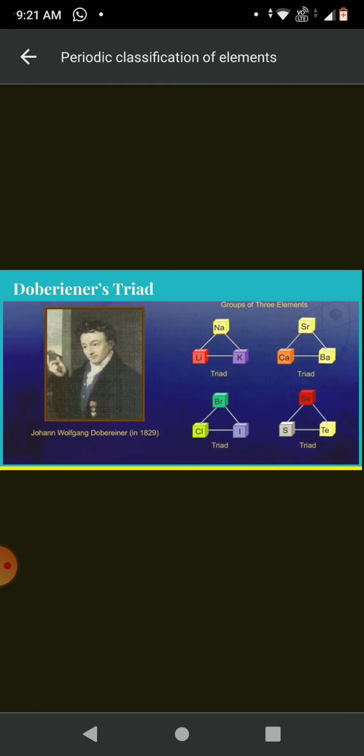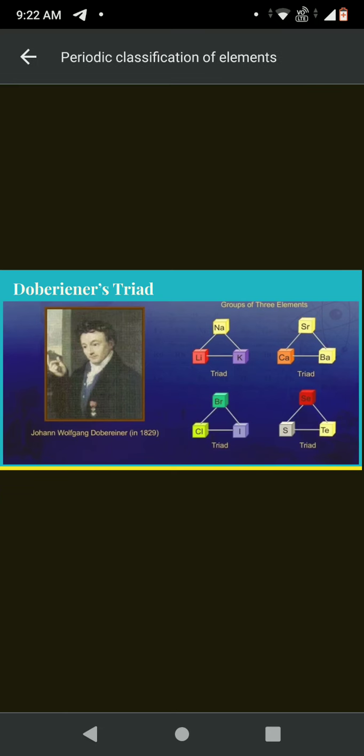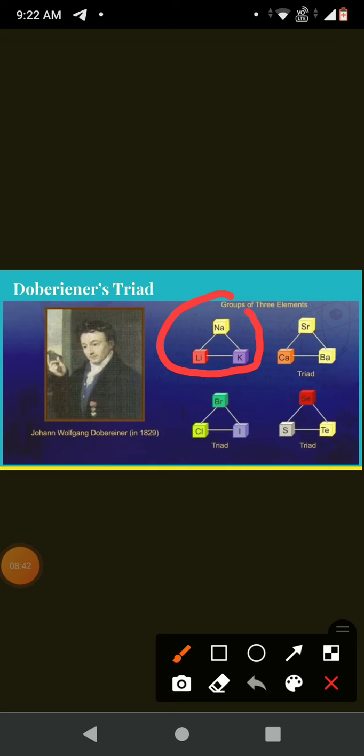Okay, so he made groups of 3 elements. And how did he make the groups? He made groups of 3 elements which show similar properties. If we see this group, sodium, lithium, potassium, these 3 elements have almost similar properties.